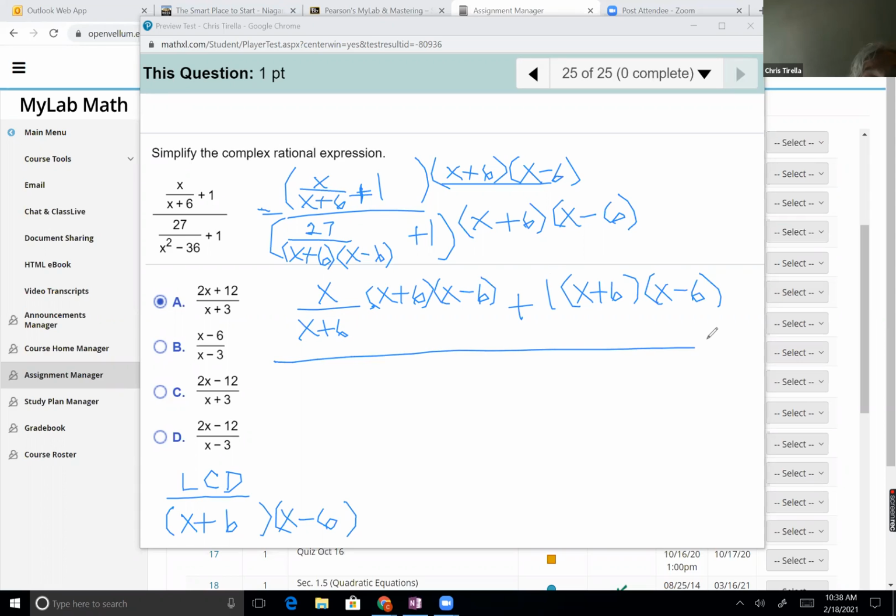In the denominator, we're going to have 27 over (x plus 6)(x minus 6), times the (x plus 6)(x minus 6), plus the 1 times that.